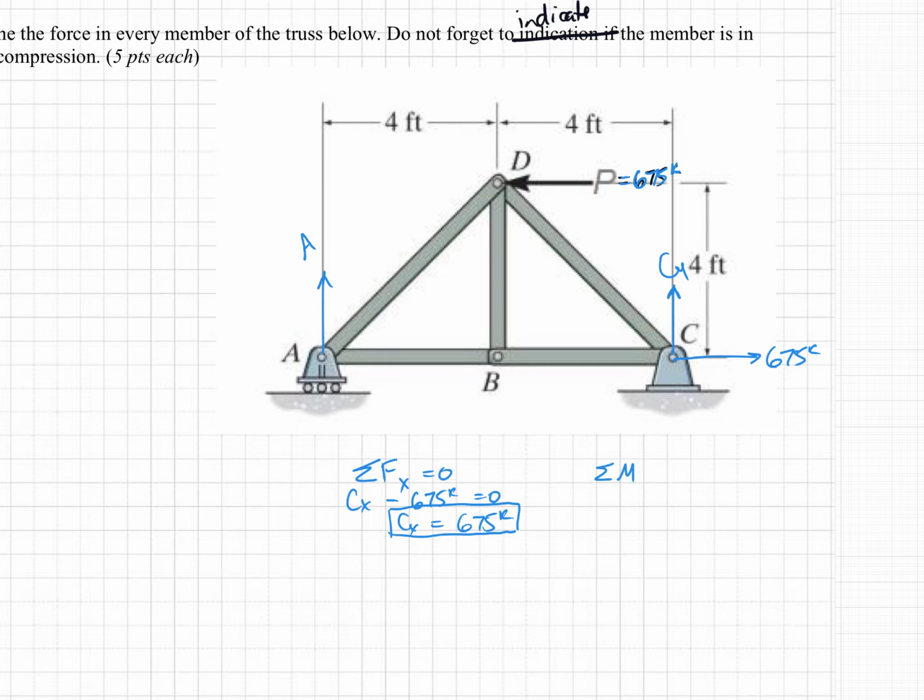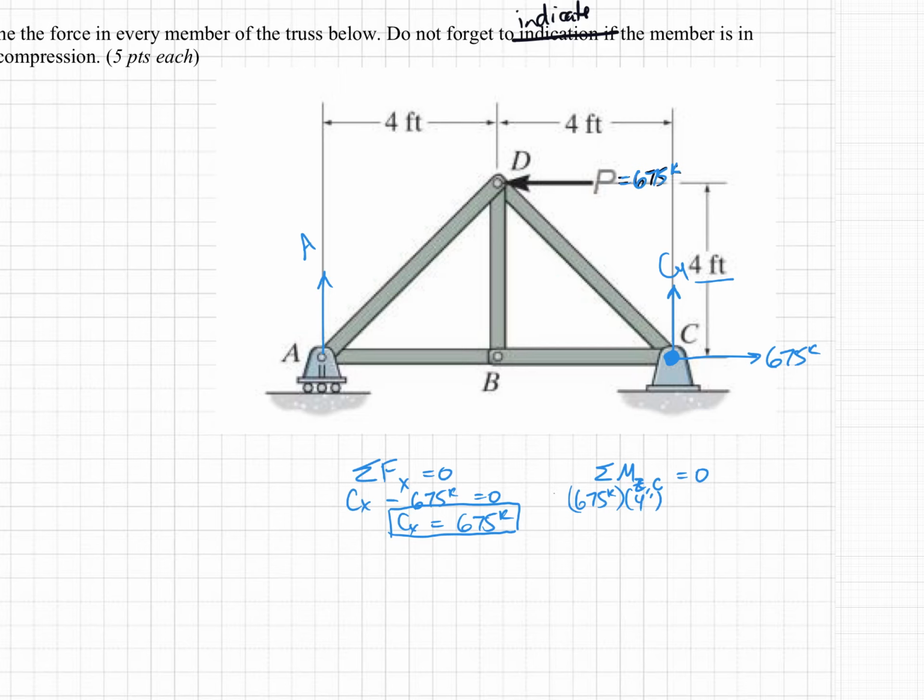Sum of the moments, and let's do it around point C. This will be in the Z direction around point C equals 0. That only leaves two forces. So it's going to be 675 kips times its moment arm, which in this case is 4 feet. Which way is that going to cause this thing to spin? It looks like it's going to go counterclockwise.